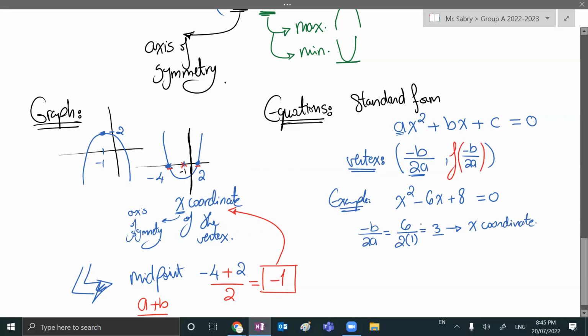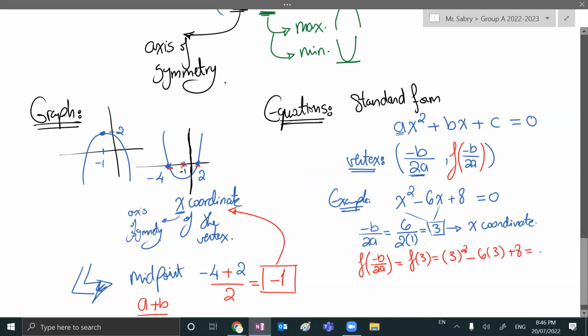Now, if I want to find the y, I'll substitute this x coordinate itself into the equation. So if I need to find the y, I'll get f of -b over 2a, which means f of 3, which means I'll remove each x and substitute 3.